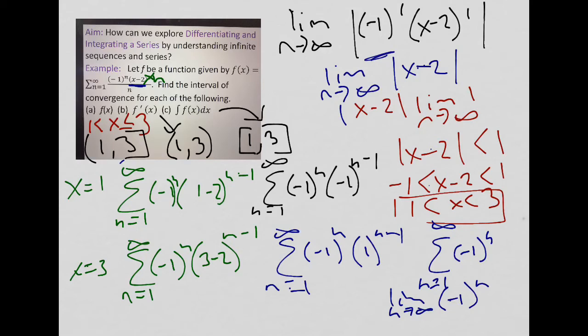Even if you're thinking the answer is not always 1 or always -1, neither one of those answers is 0. This definitely diverges, so that's why it remains as 1 to 3 exclusively. We're not including the 1 or 3 because those endpoints would make it diverge.